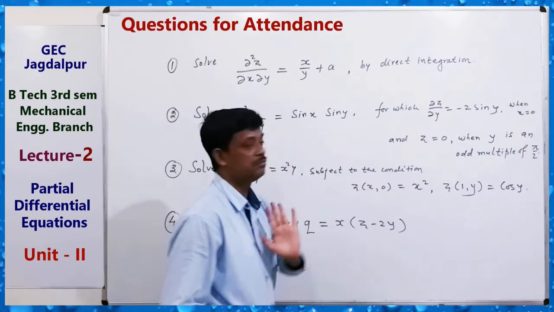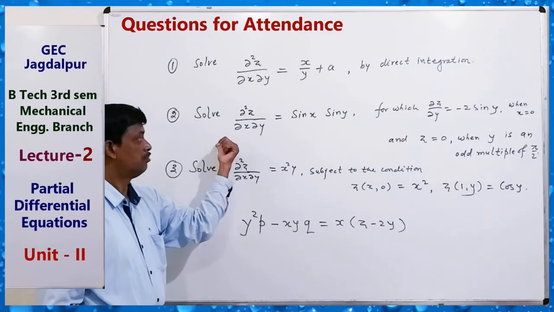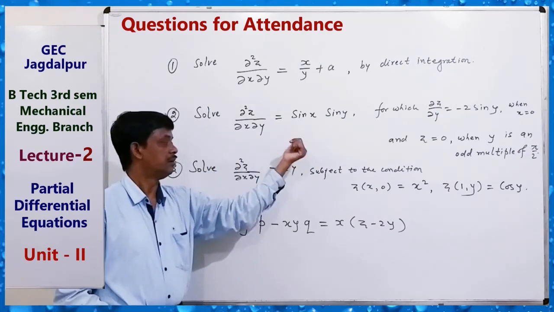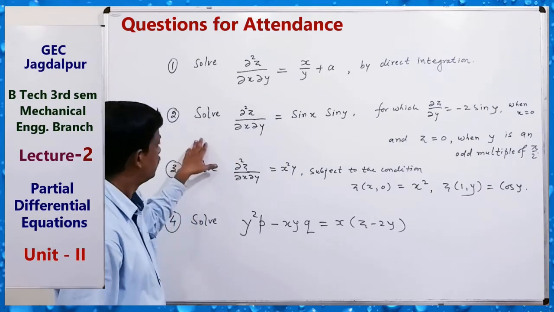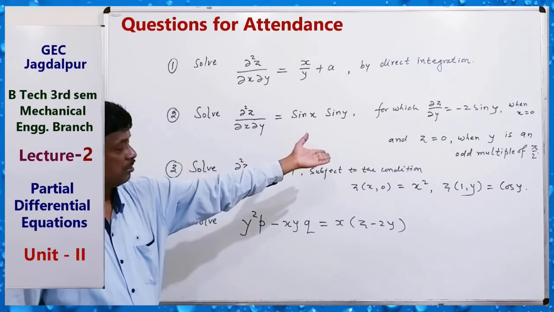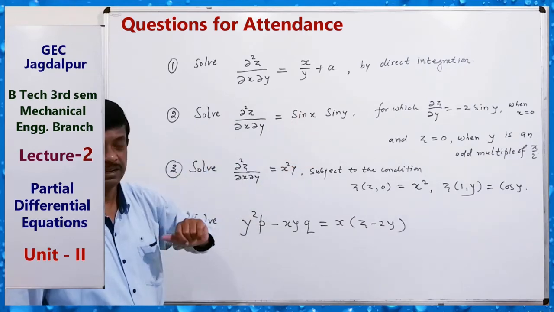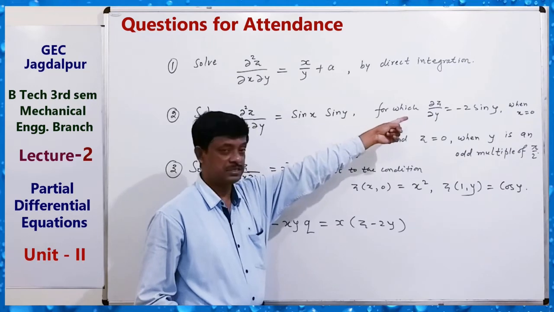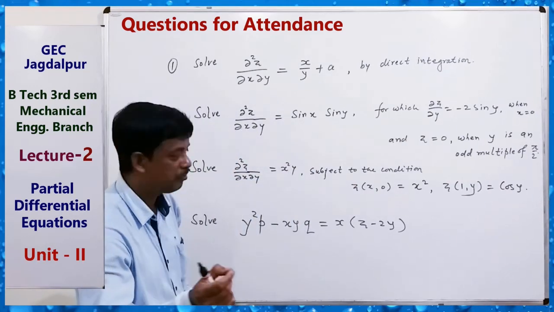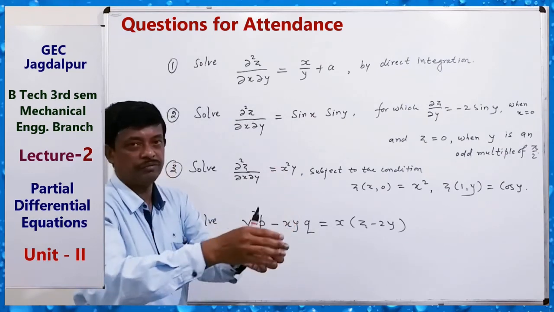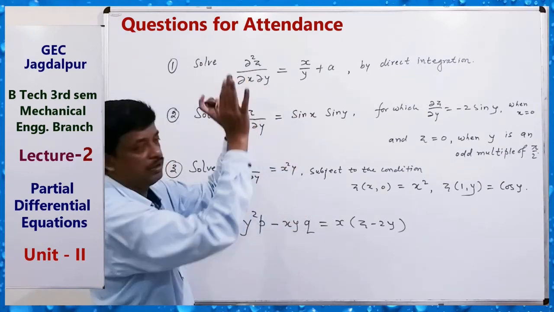Put this condition in the equation where del z by del y has the constant f(y), so you can get the value of f(y). Then put the value of f(y) in del z by del y equals something plus f(y).